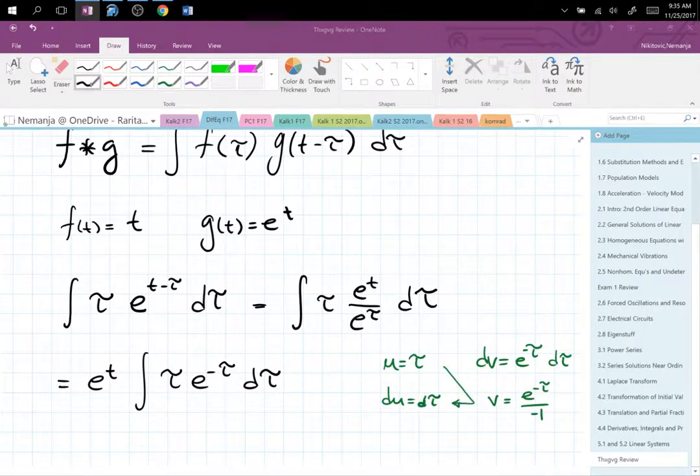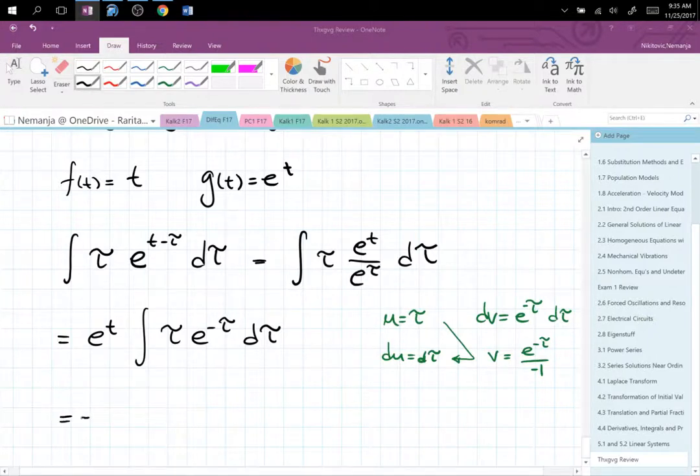So when you put the formula together, with e to the t, what you're left with is negative tau e to the negative tau. Oh, the limits, 0 to infinity. We didn't put that. Gotta put that. 0 to t.